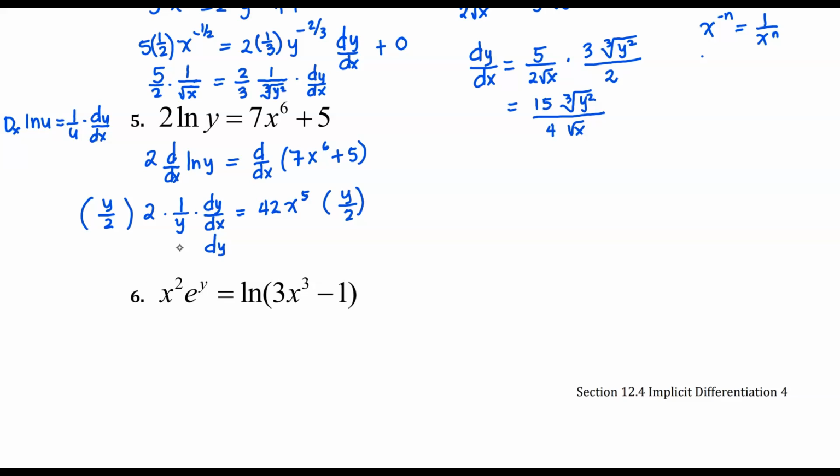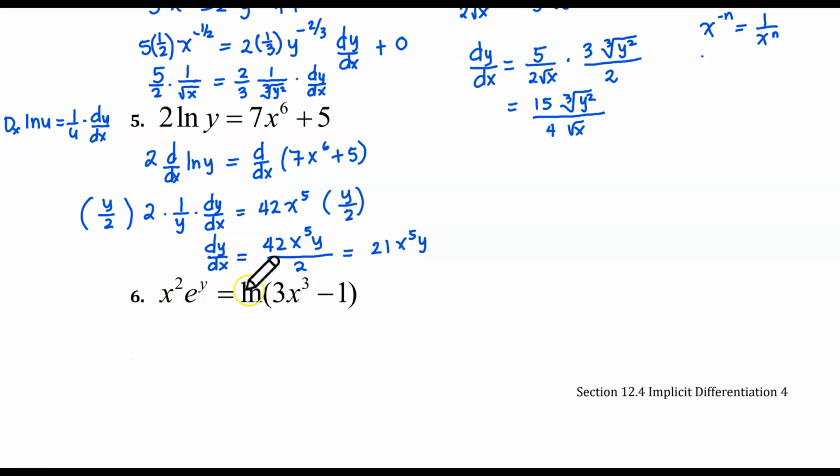Therefore, dy dx is equal to 42x to the 5th y divided by 2. You can simplify this. 42 divided by 2 is 21. So 21x to the 5th y. That's your dy dx.